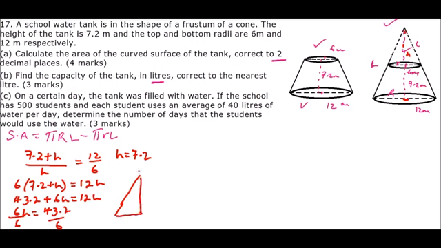This is the top, so this we say it is 12. Here it is 6. So we can use this now. We have gotten the height of the big cone is 14.4, and therefore we can now get the small l.